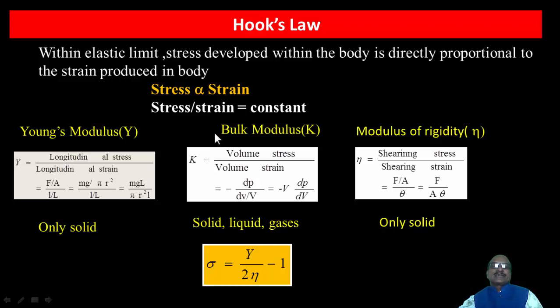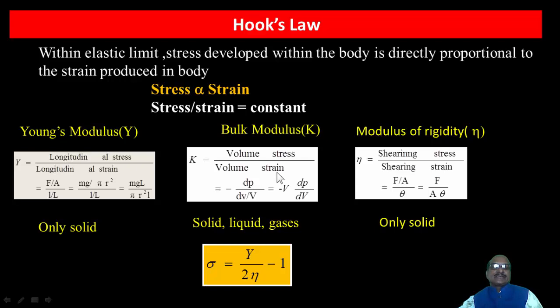The second elastic constant is bulk modulus K, and it is defined as K equal to volume stress upon volume strain.